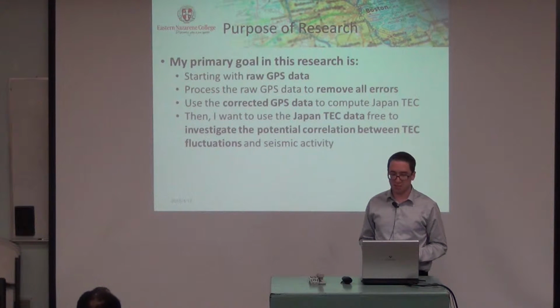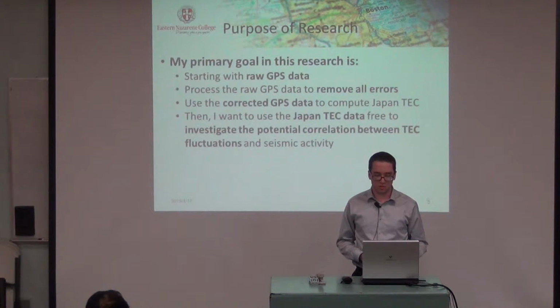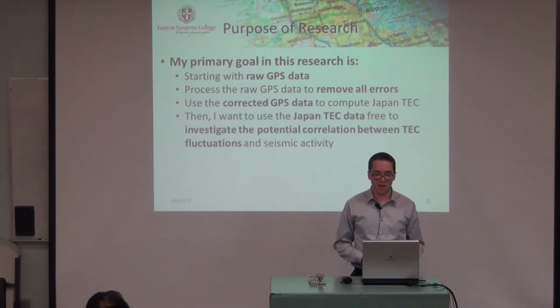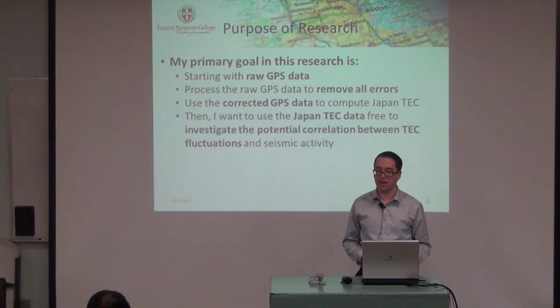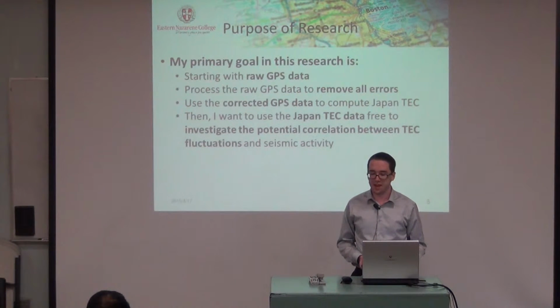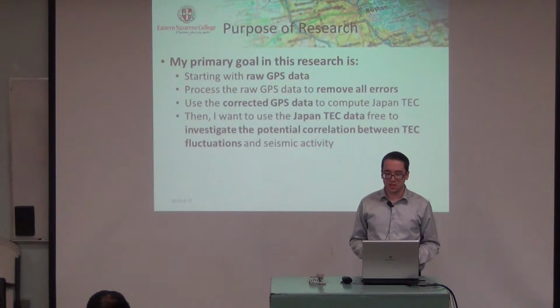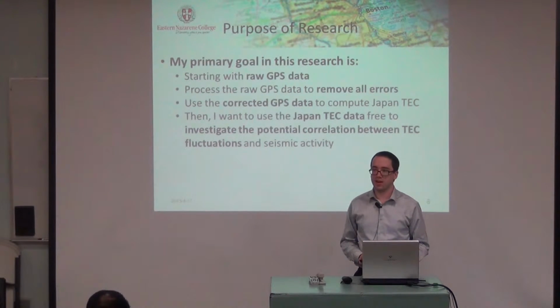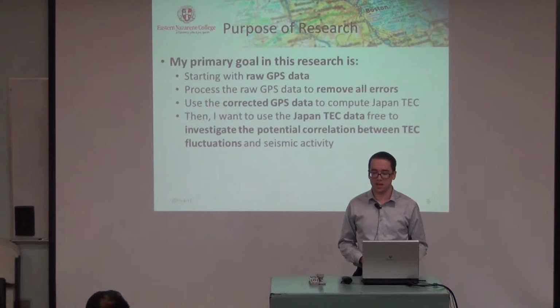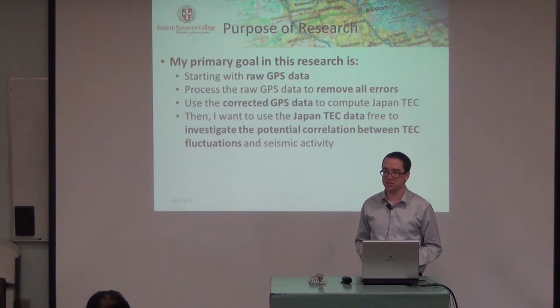So basically, my primary goal is to start with raw GPS data, then use that data to remove all the errors. Then when I have the corrected GPS data, I use that to compute the Japan total electron content. After I did that, I have to find a potential correlation between TEC fluctuations and seismic activity.